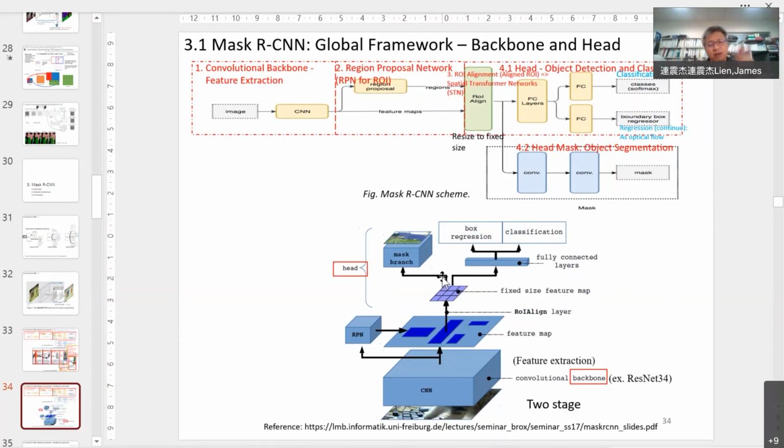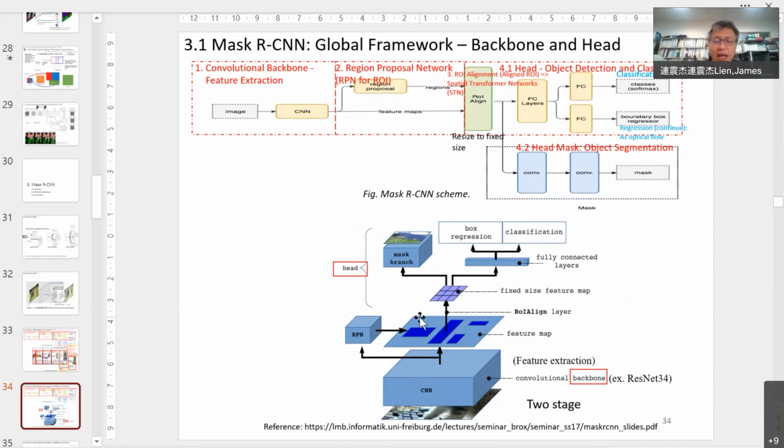The other output from the left hand side is the mask. Okay, and mask, bounding box and classification all belong to the head network. So it's two stage. Usually for two stage we use RPN, because RPN is a good method and can get a better result.